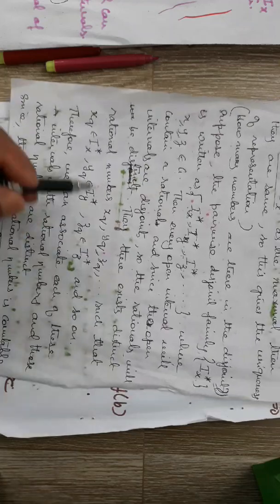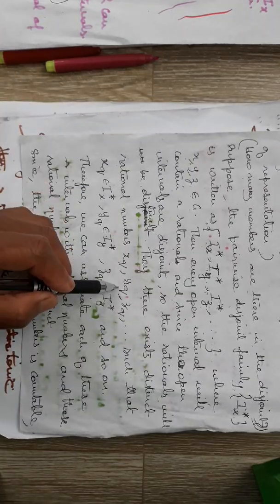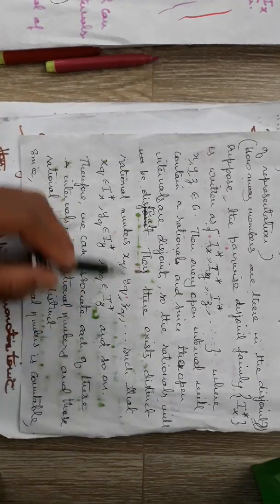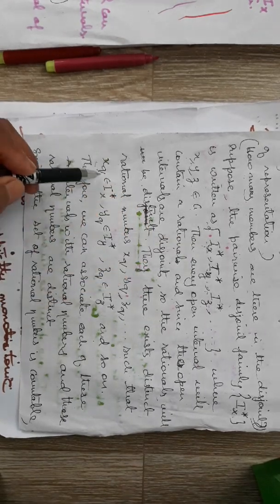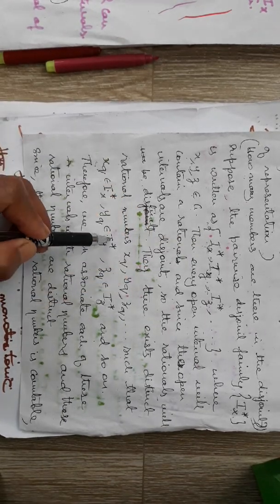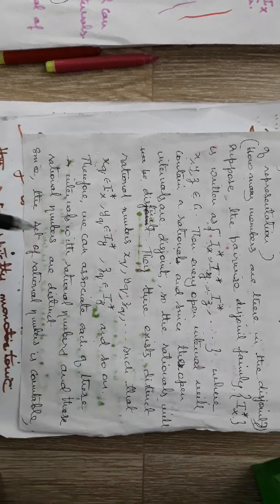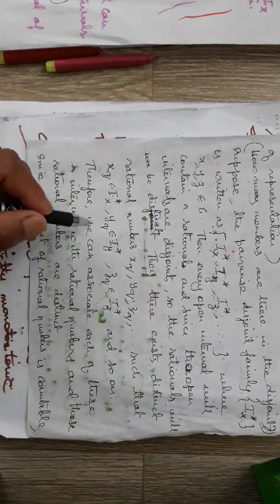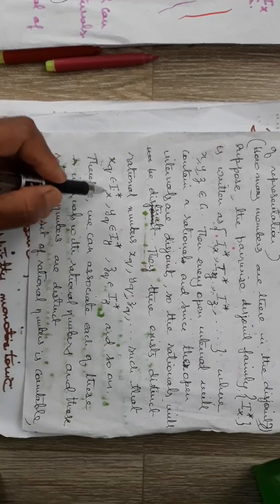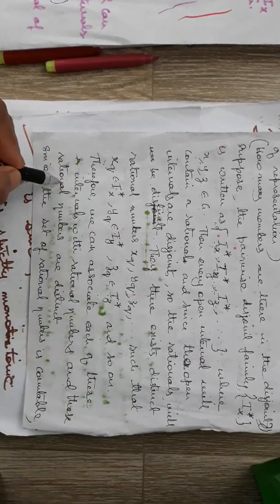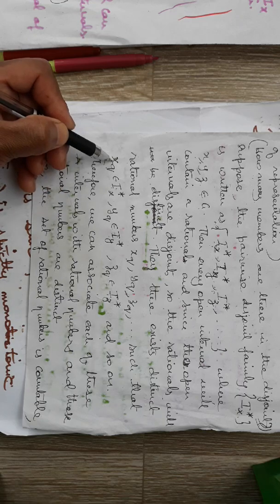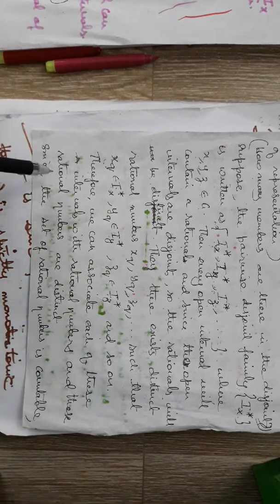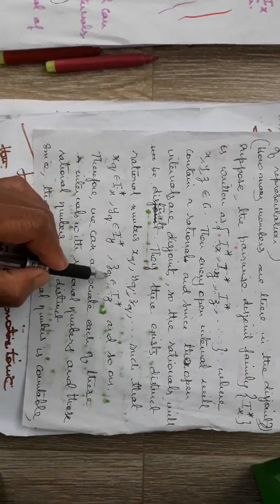So there exist distinct rational numbers x', y', z', such that x' belongs to Ix star, y' belongs to Iy star, and so on. Therefore, we can associate each of these intervals with a rational number, and these rational numbers are distinct.